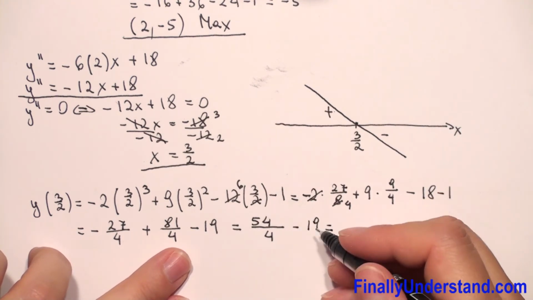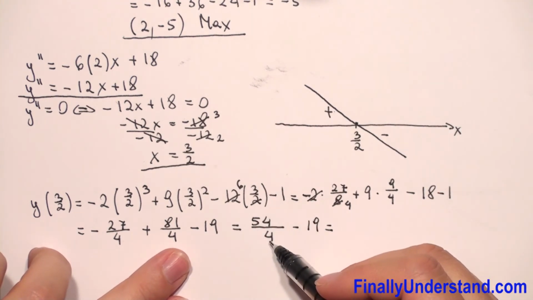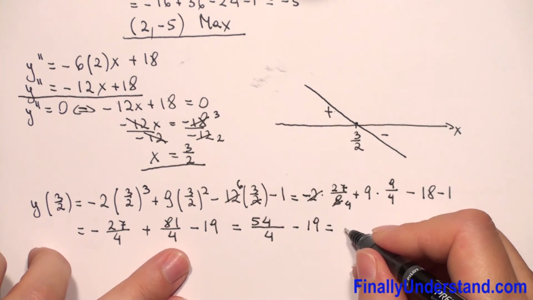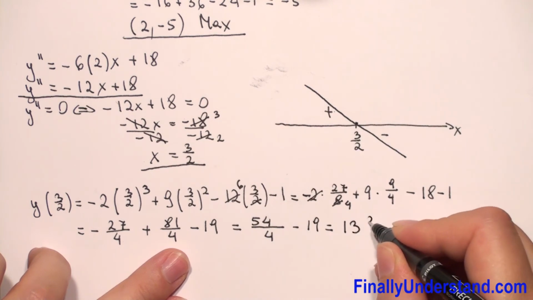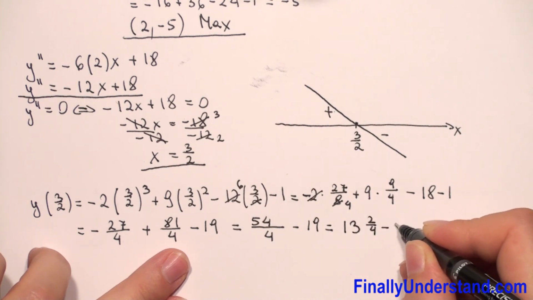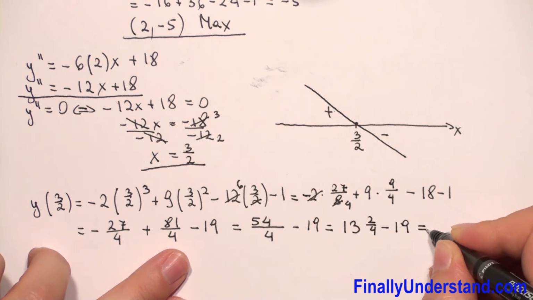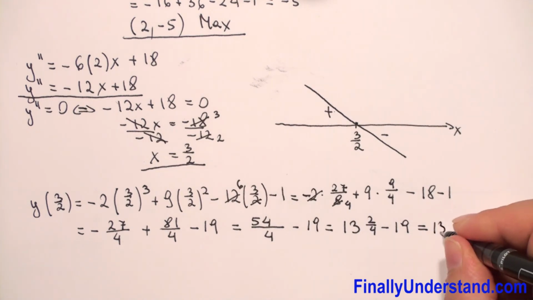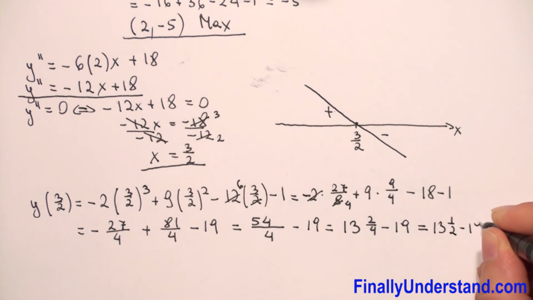We can change the improper fraction to a mixed number, so 54 divided by 4 is 13 and 2 over 4, minus 19. This is equal to 13 and 1 half minus 19, which is negative 5 and 1 half.